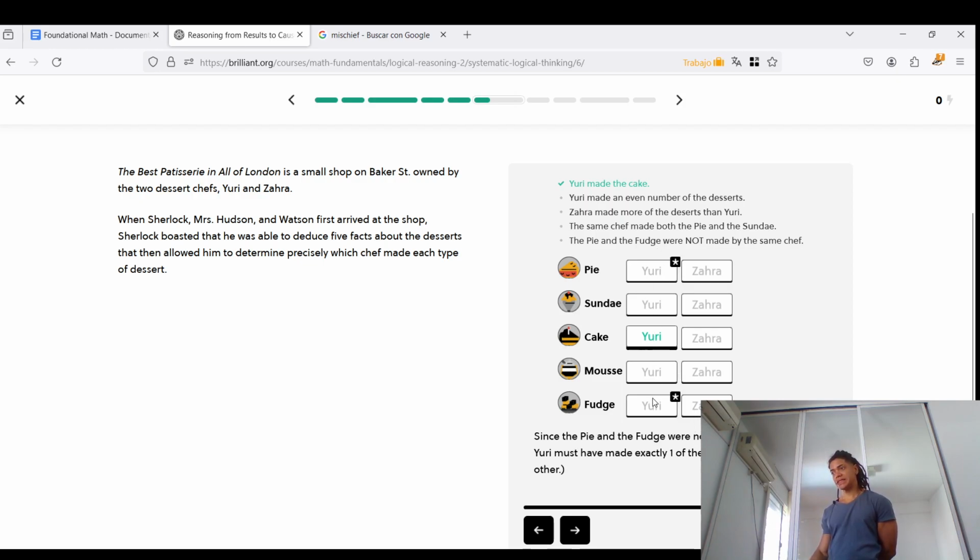So Judy must make exactly 2 of them. So the same chef made both the pie and sundae, but the pie and the fudge were not made by the same chef. It means that now sundae and mousse have been done by Sarah, okay? The same chef made both the pie and the sundae.